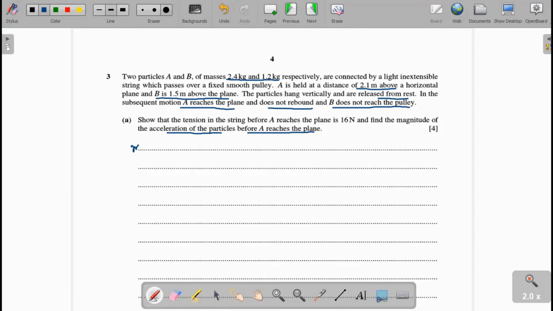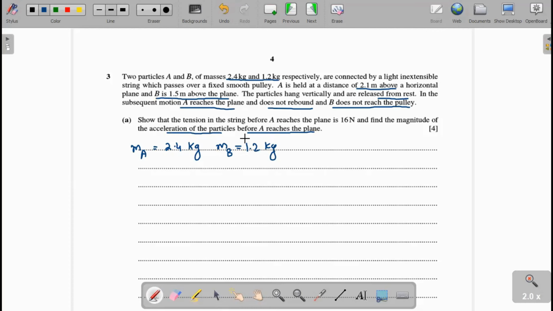Mass of A is 2.4 kg and mass of B is 1.2 kg. And the next statement: A is held at a distance of 2.1 meters above the horizontal plane and B is 1.5 meters above the plane. Now we have to find firstly the tension in the string before A reaches the plane.